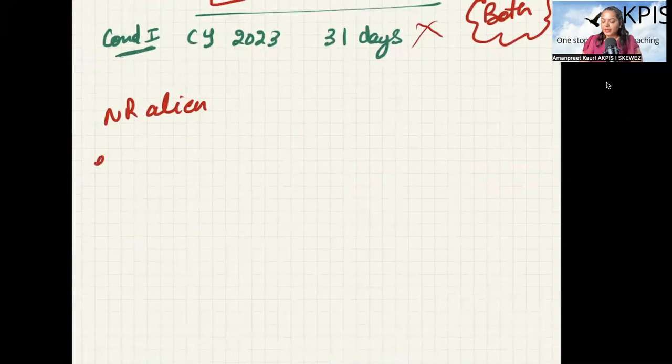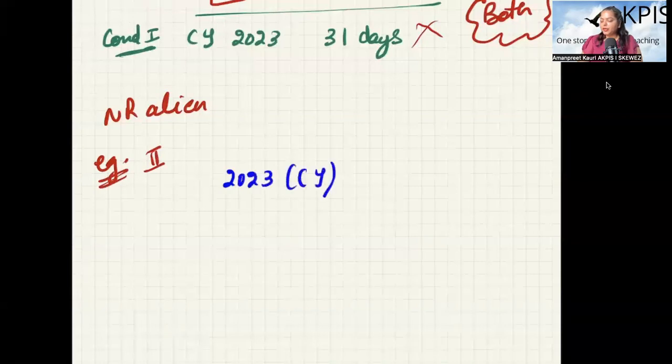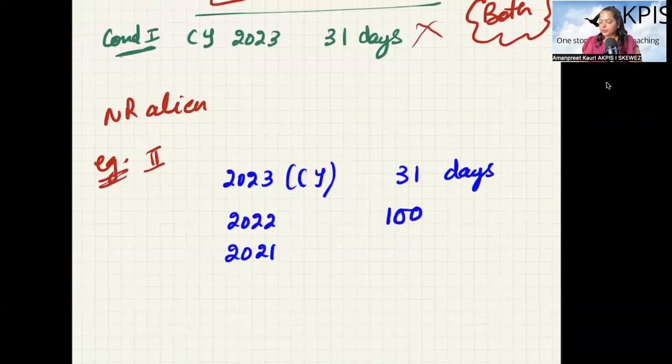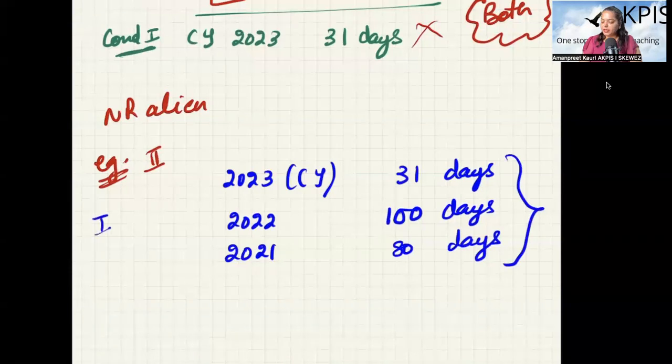Now let's take one more example. Example number 2. Suppose in the current year, let's say 2023, which is referred to as the current year, he is there for 31 days. And for the previous years, 2022 and 2021, let's say he's here for 100 days and for 80 days. Altogether, first of all, condition number one: is he there in the current year for 31 days? Yes.